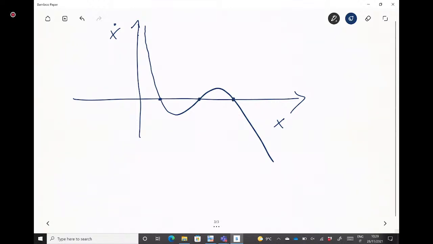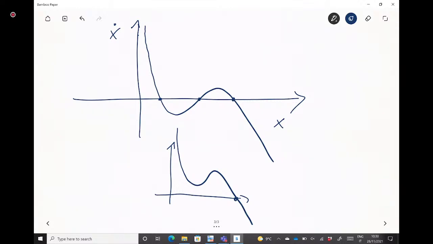Remember that this is not the only possible case. The steady states could be just 2, could be just 1, for instance, like this. Okay? So we have many cases with nonlinear and non-monotonic phase diagrams. Now what happens here?